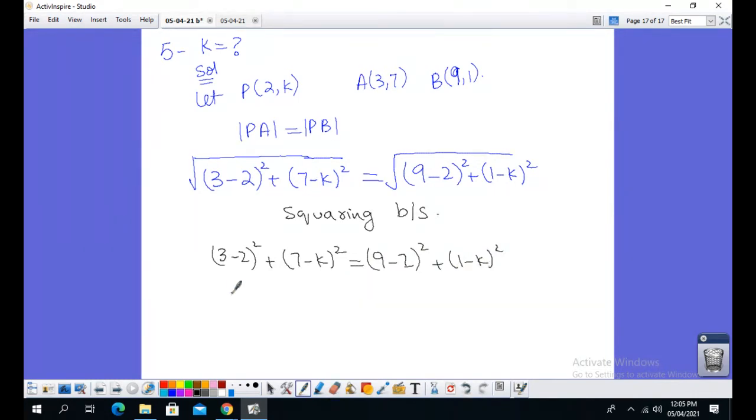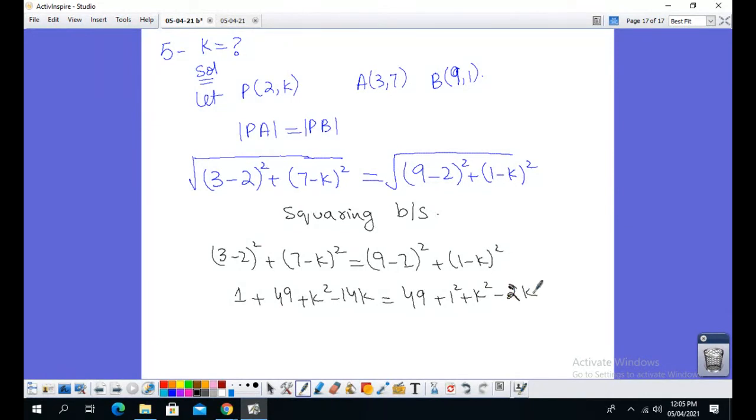We have 3 minus 2, which becomes 1, and the square of 1 is only 1. The square of 7 is 49, using a square plus b square minus 2ab for the expansion.